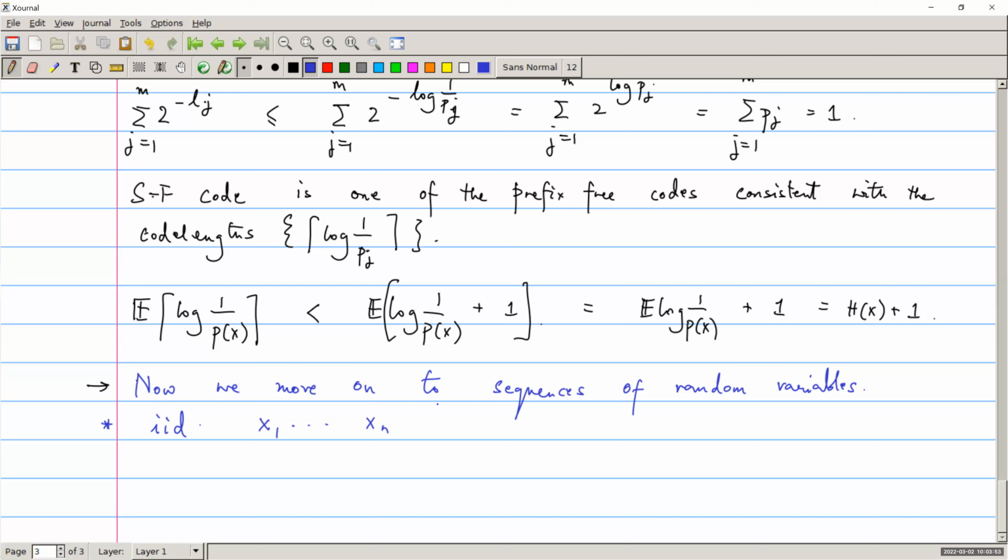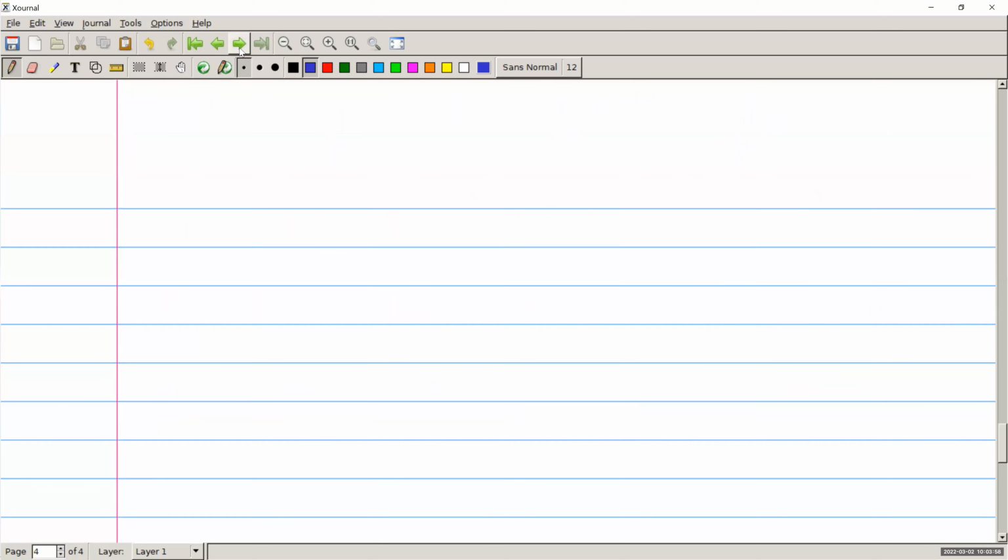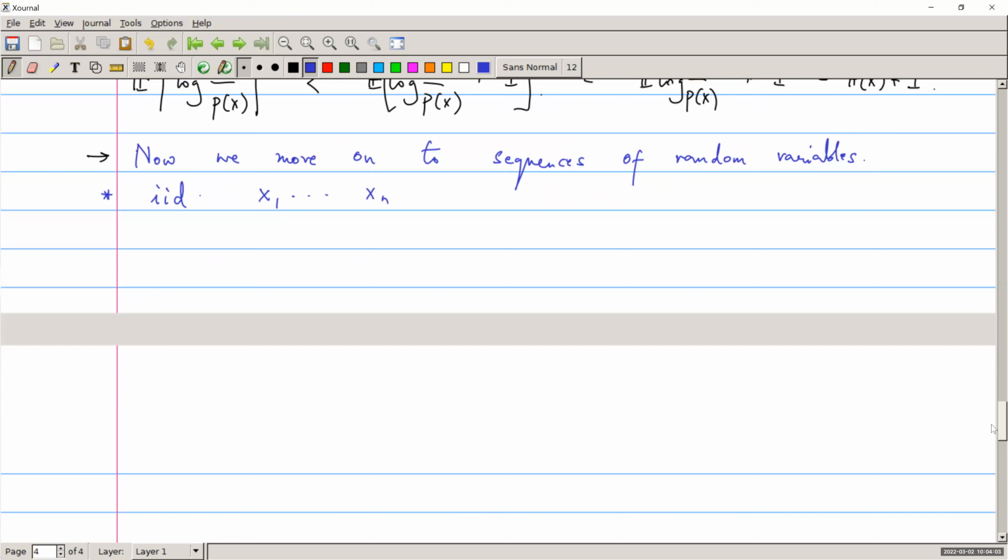Now what we know for one random variable actually tells us quite a bit about this case too. We just treat this entire sequence as a single random variable. Instead of measuring single numbers, you're measuring an n-tuple of numbers.